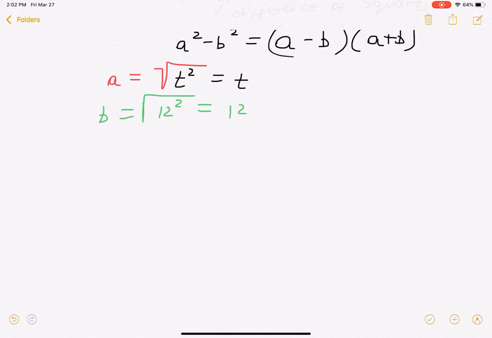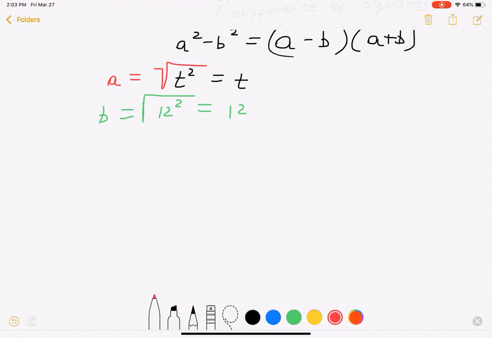Okay, let's do a little more factoring. So I will just call this example C. Factor completely.